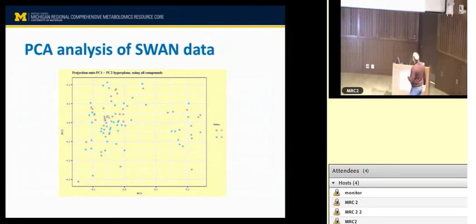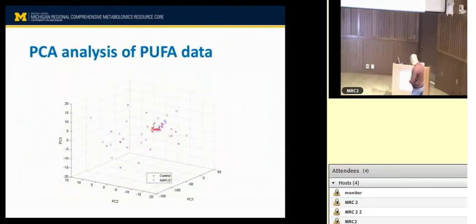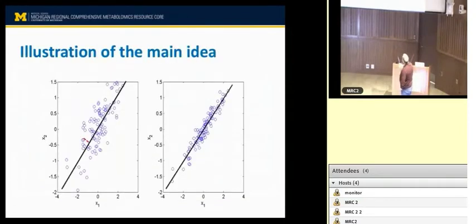This is related to this picture. Essentially, the first principal component explains most of the variance because there is very little variance outside this curve. Here, there is more variance left.